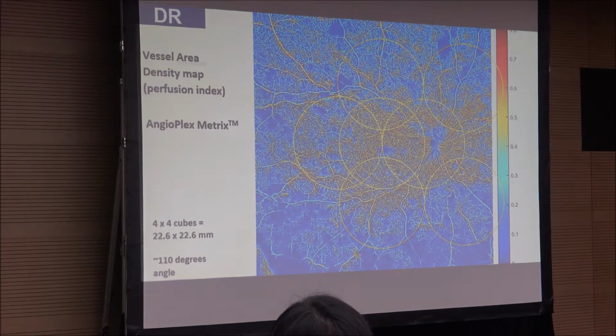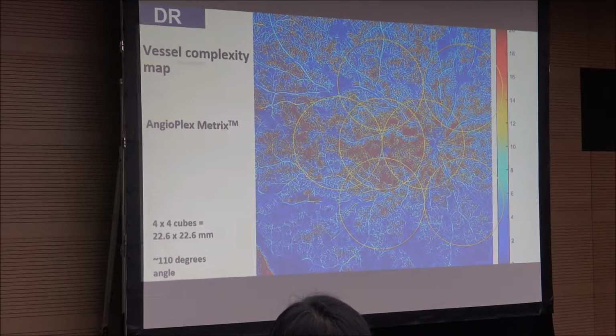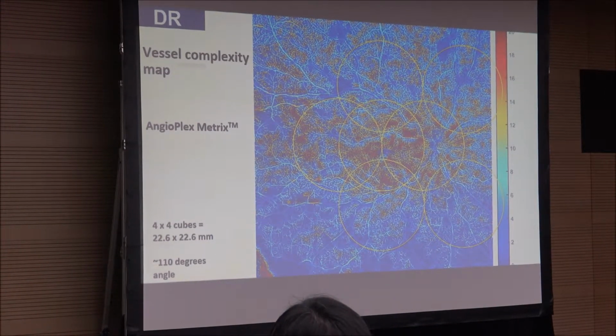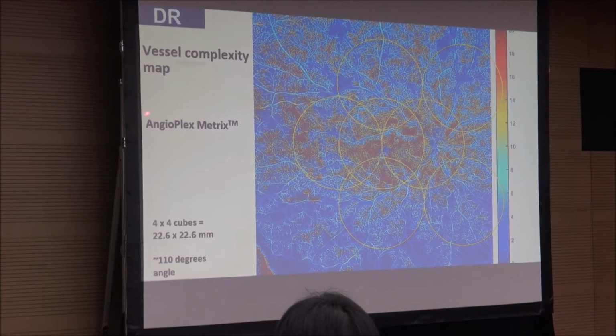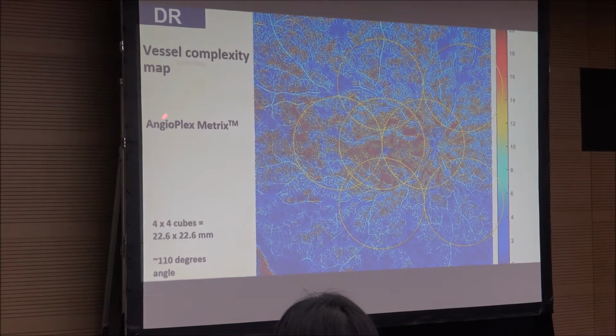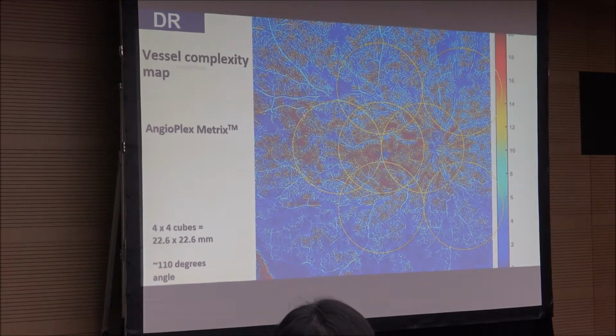And you can quantify the complexity of the blood vessels, and complexity is similar to the fractal dimension in the quantification. All these parameters can be provided by the future metrics software, so that you can have this software do automatic quantification of these 5 parameters in the retina.